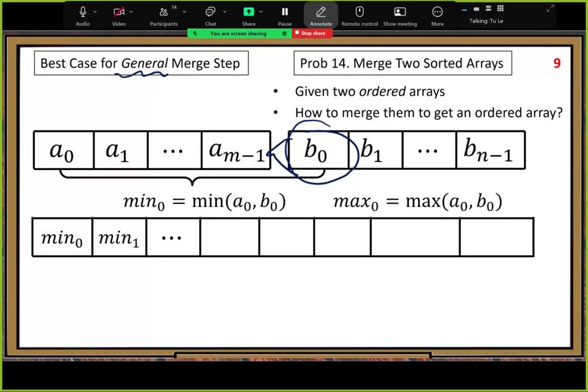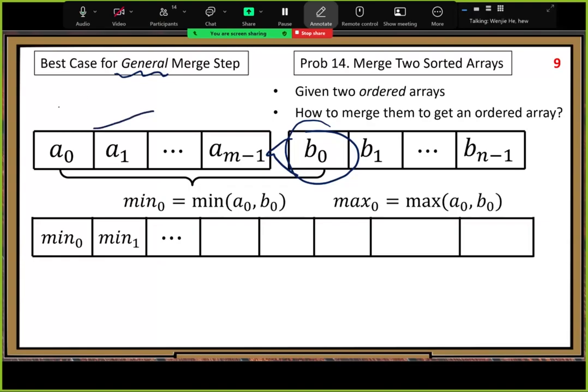When you do comparison, B0 beats every element in the A subarray. So you will put all elements in the A subarray in place one by one, with the same number of comparisons.